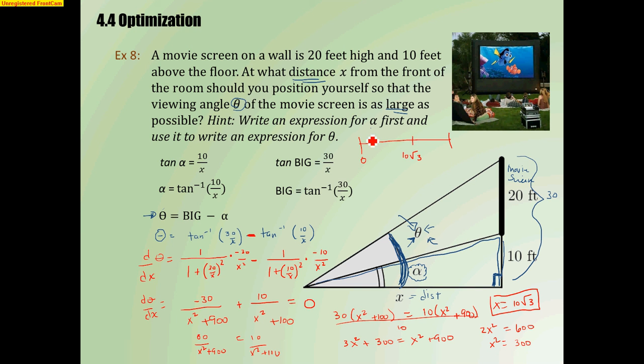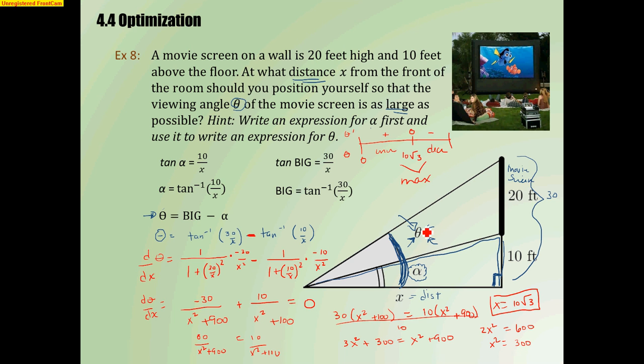So at 10 root 3, the derivative of theta was 0. So what does that say about theta? I tested values to the left and the right of 10 root 3, and I did get positive and negative, meaning that theta was increasing, and then changing to decreasing, meaning 10 root 3 must have been a maximum.